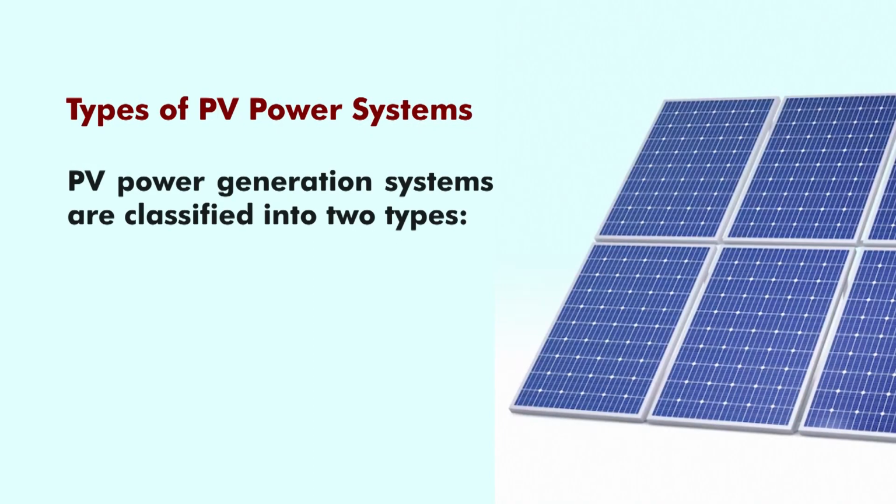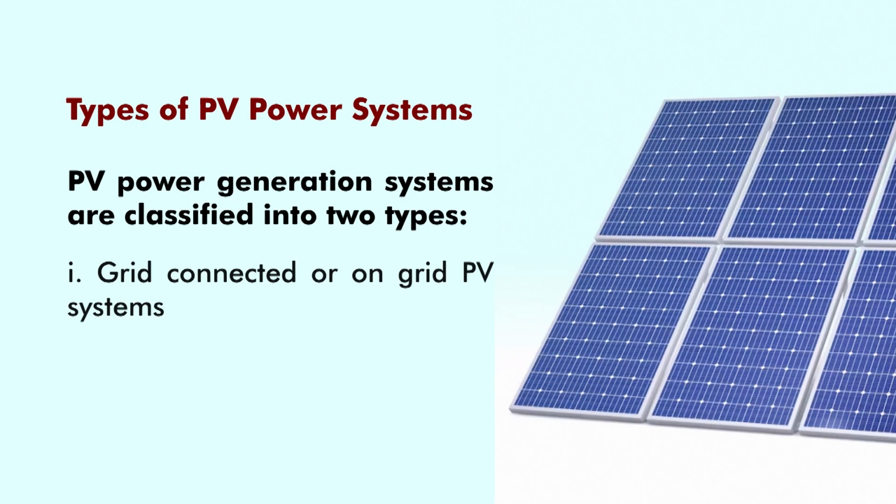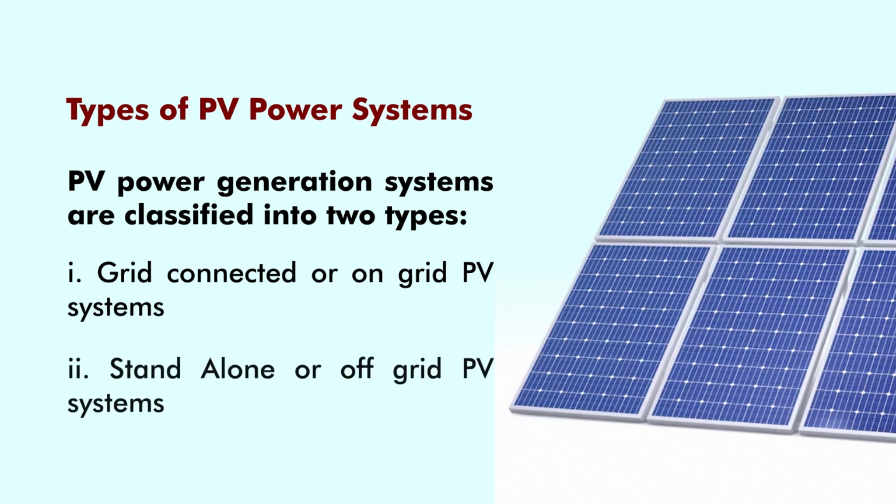PV power generation systems are classified into two types based on their functional and operational requirements, as well as how the components are connected to other power sources and the grid. So it can be classified as grid connected, or you can say on-grid PV system. The other classification is standalone, or you can say off-grid PV system.